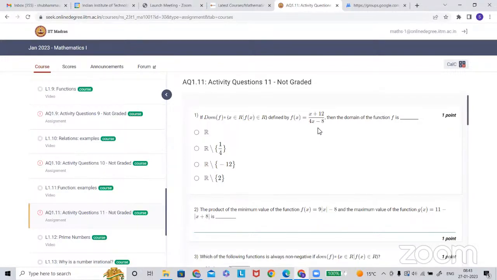Now the problem here, because of this function, you are unable to find a value at x equal to what? If you substitute x equal to 2, then what is going to happen in that case? Okay, sir, we have to substitute, so it will be undefined. It is going to be undefined. The problem is where, when you are substituting values, you are unable to get the output, as is the case here. That's the meaning of the domain of the function.